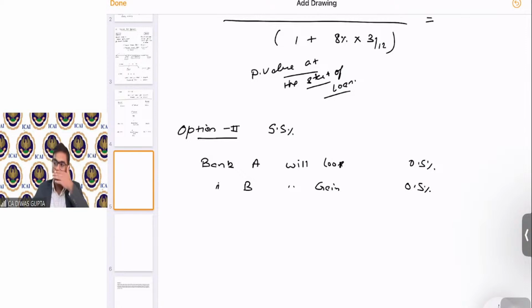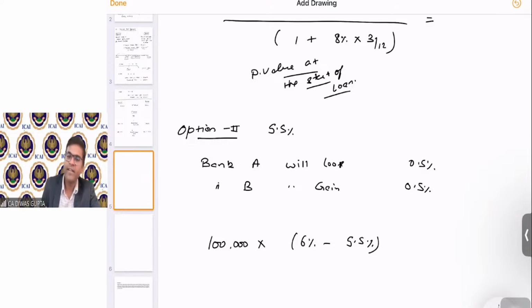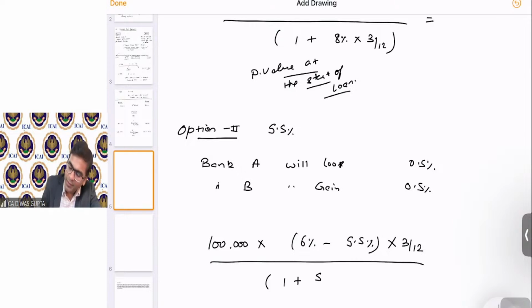And how it will get calculated? 1 lakh multiplied by 6% minus 5.5% into 3 by 12 whole divided by 1 plus 5.5% into 3 by 12.